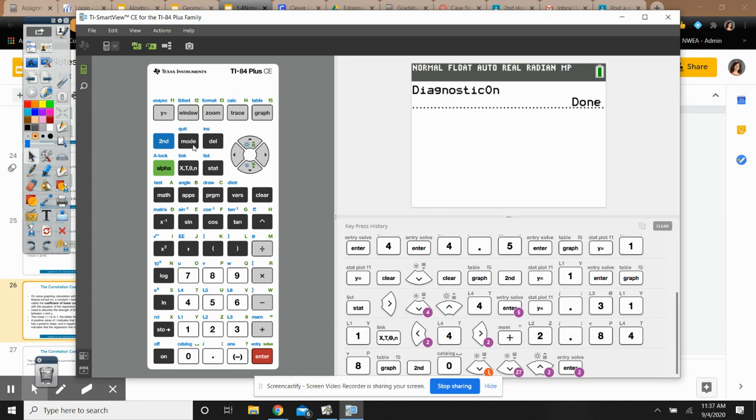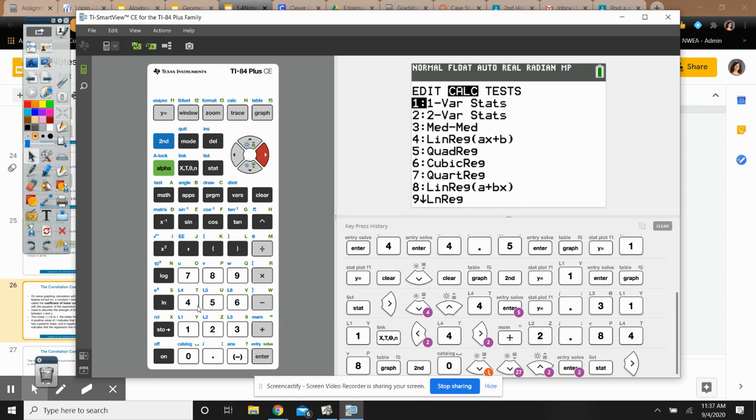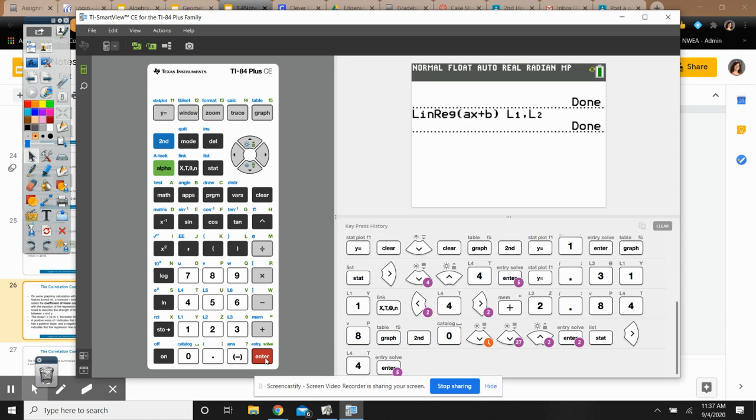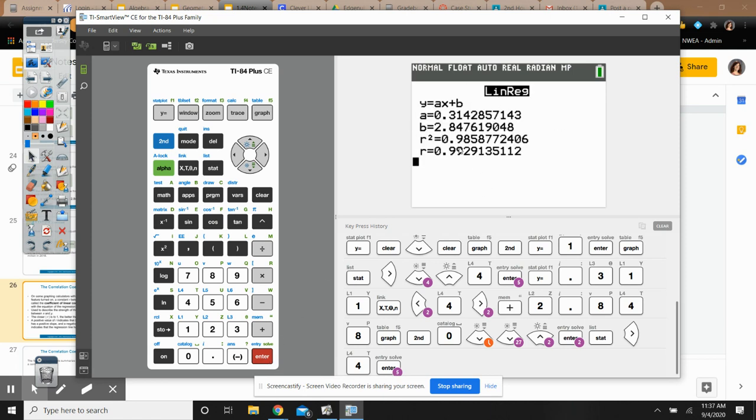Now, when I do the stat calculate for 4, it will tell me, there's the equation of that line, and do you see how R is 0.99? My R is 0.993. That's a good line. So it's a good fit because my R is good.